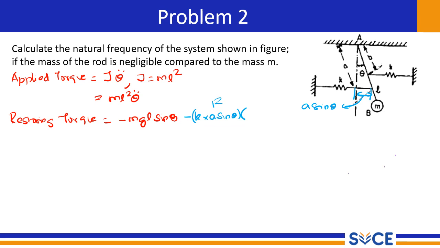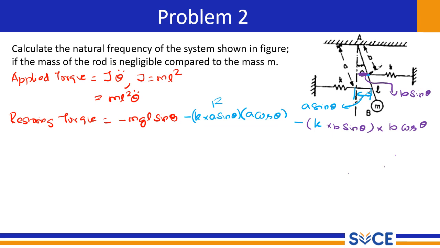We are writing the torque, so the radius is nothing but a cos theta. Similarly, we have to write it for the next spring on the right hand side. It is k, and the deflection at this point is b sine theta. So stiffness into the deflection gives the force, into the radius, which is b cos theta.